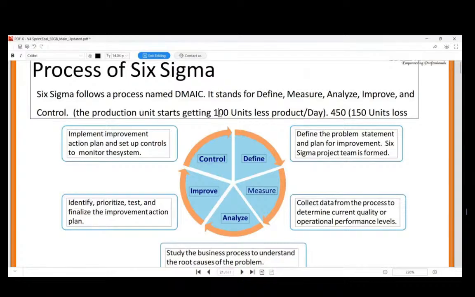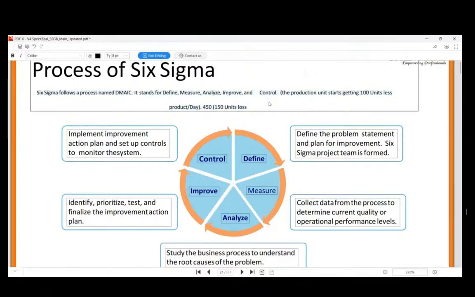when I collected the data and I found the performance issue and the major issue after the problem statement, it says study the business process to understand the root cause. I have this problem. What is the root cause? When I started doing this, I found there are 10 new hire people the organization has onboarded.